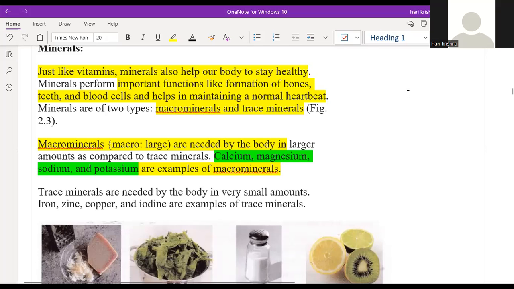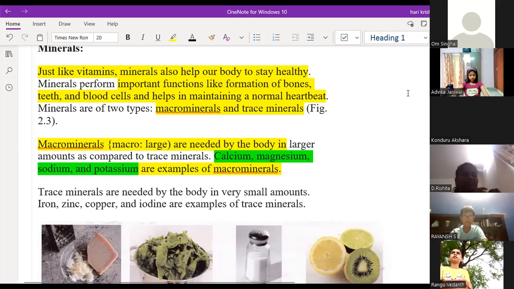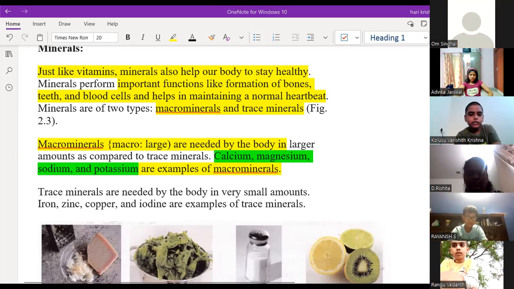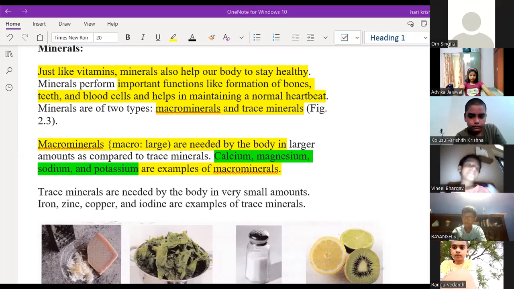Can you give any examples of sodium, sir? He is asking about anything which contains sodium. Salt contains sodium. NaCl is a salt.